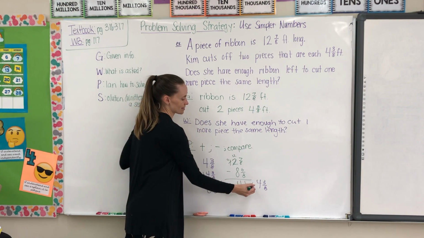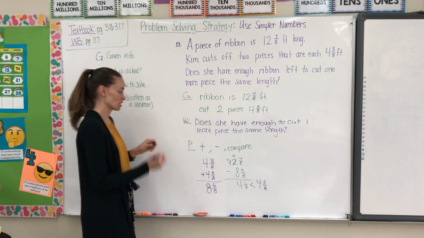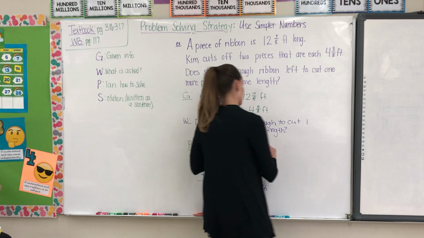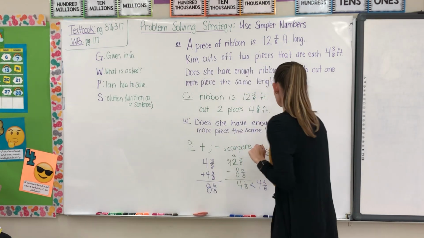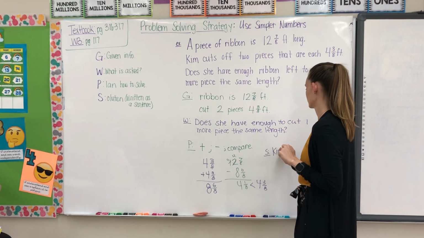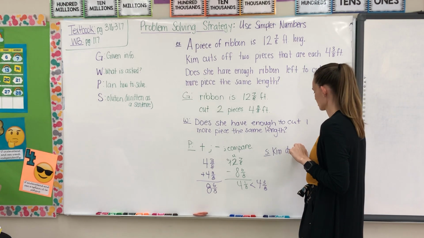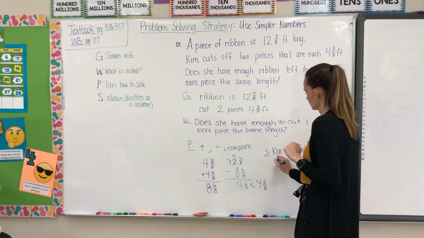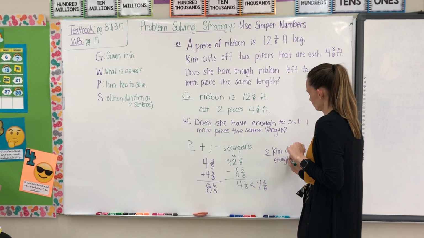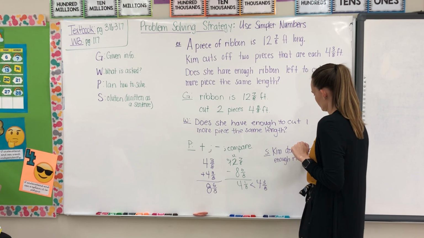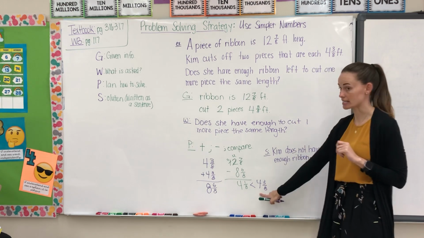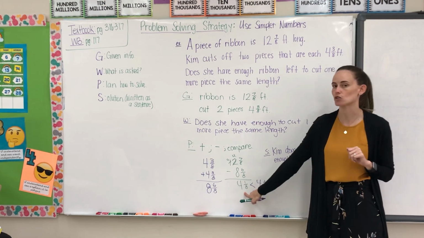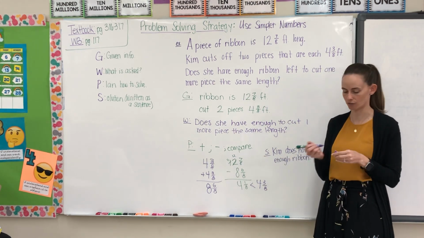So this one is less, which means our solution would be Kim does not have enough ribbon. Why? Because she needs 4 3/8 and she only has 4 1/8, so that's not enough.